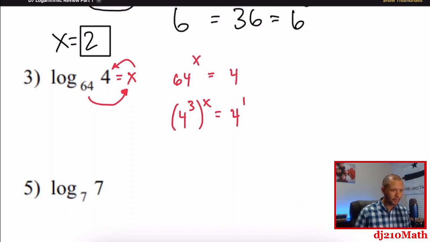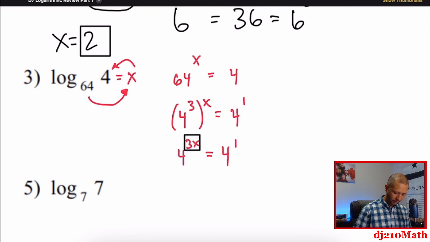It's implied that there's a 1 there. So 3x is equal to 4 to the 1st power. Again, we make the exponents equal to each other because they have the same bases. If the bases didn't match, we can't do this. So 3x is equal to 1. Therefore, x is equal to 1/3.